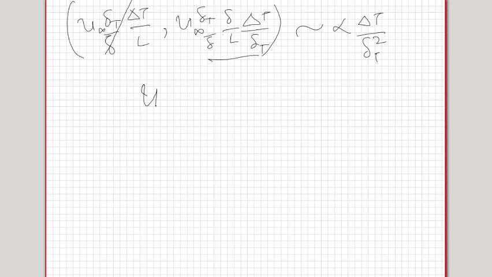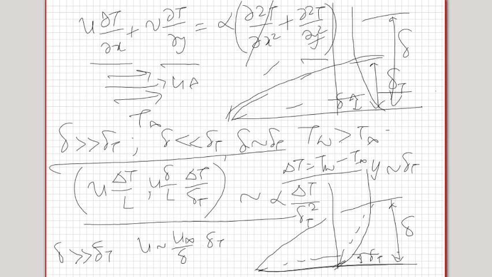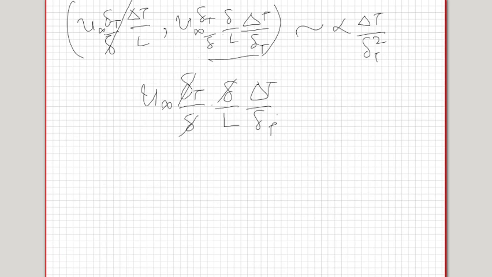U infinity multiplied by delta T by delta, multiplied by delta by L, multiplied by delta T divided by delta T. So this gets cancelled out, and this also gets cancelled, and it is of the order of alpha delta T by delta T square.